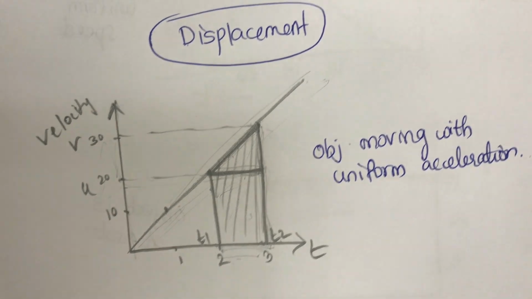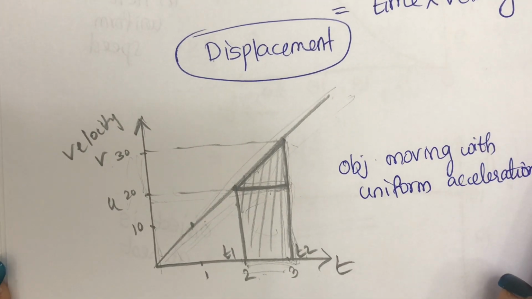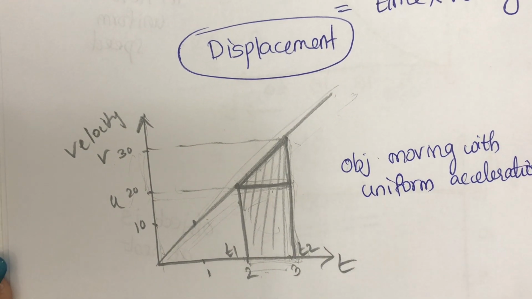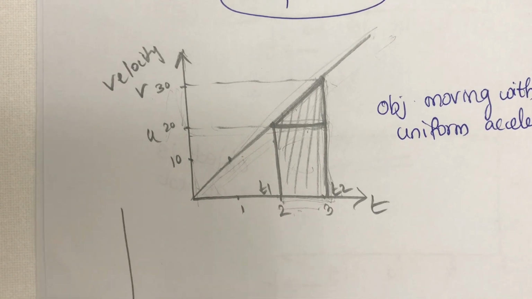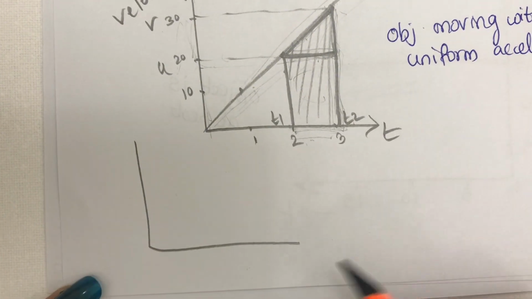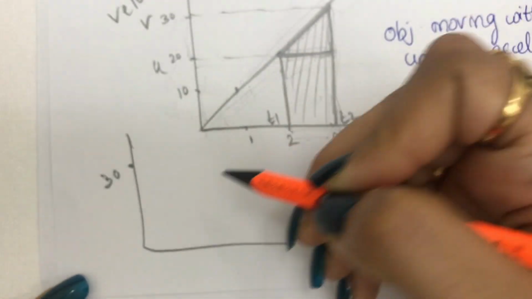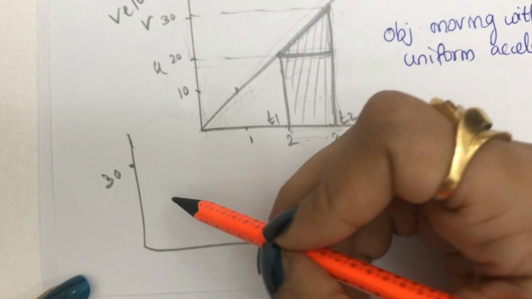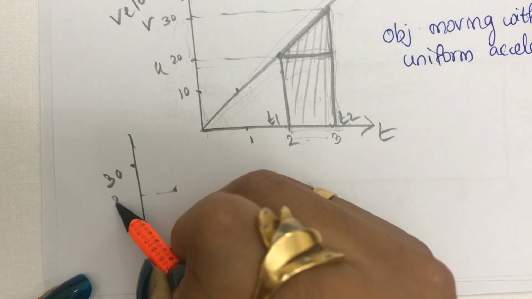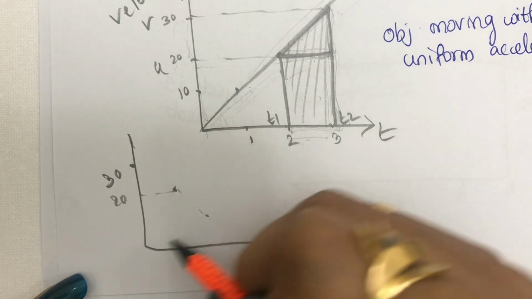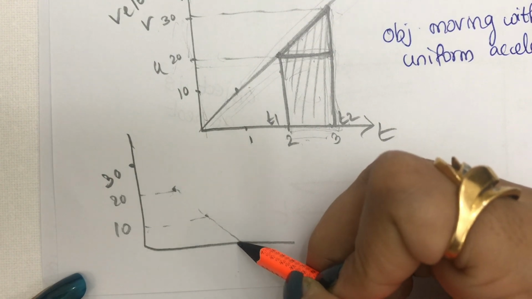Okay, so now how will my graph be if my object is decreasing the speed uniformly? For example, my object is decreasing the speed. So my speed will be 30, and now it is decreasing uniformly, and the next hour it will be 20, and the next hour it will be 10, and then the last hour it will come to rest.